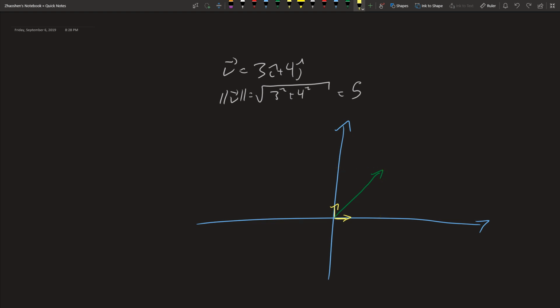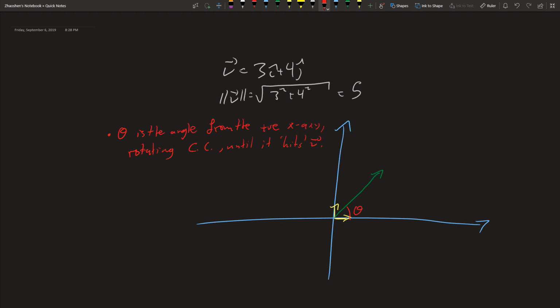But what about direction? The first way to express direction is using the angle theta. This angle theta. The first way, theta is the angle from the positive x-axis rotating counterclockwise until it hits the vector v.